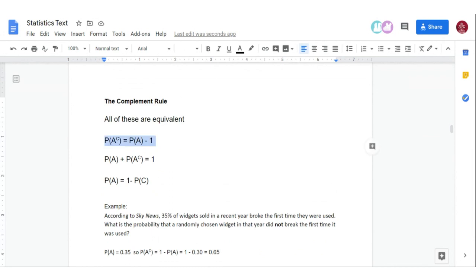In Math 120, they used an apostrophe instead of the little superscript C. But all that just means is the probability of not being A. So if you have any event of A, hold on a second, this is backwards.